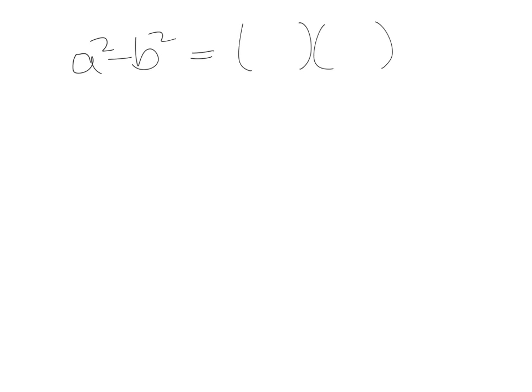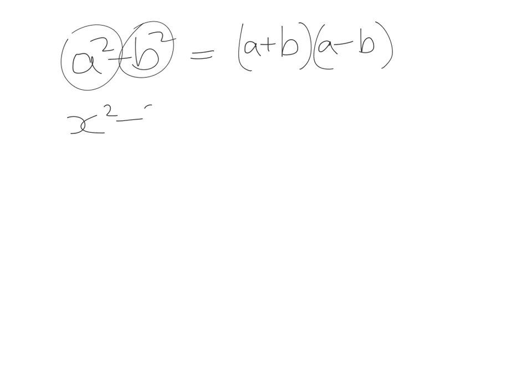Now, if you recognise this as a difference, so minus, and the two numbers are square numbers, all you have to do is square root the first and put it in both, square root the second and put it in them both, and put a plus and a minus in between. It does not matter which way you do it. Okay, so for example, x squared minus 25, it's a difference of two squares. Square root the first, x, so that goes in the front of both brackets, square root the second, 5, and it must have a plus and a minus in between.